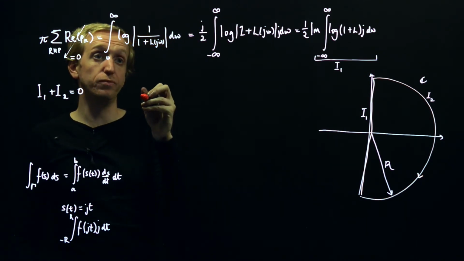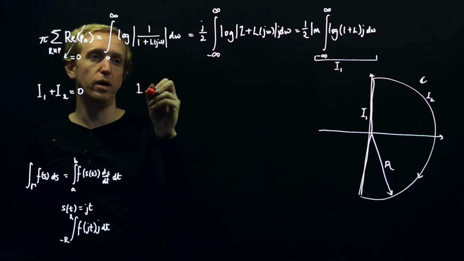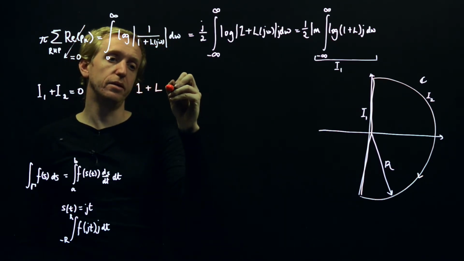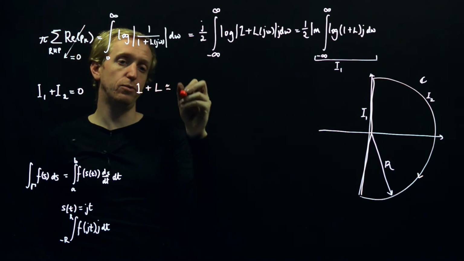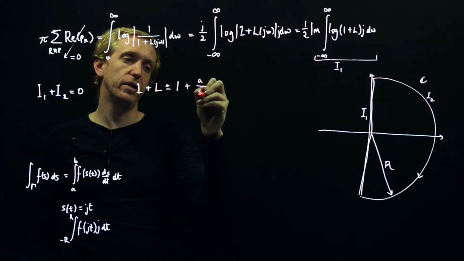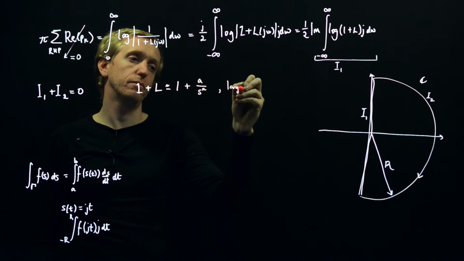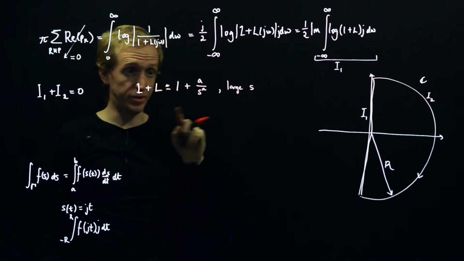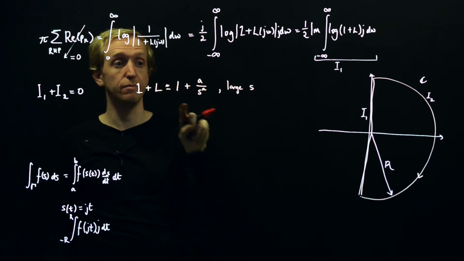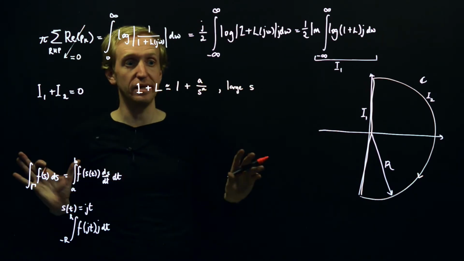And another useful way to write this for our purposes is that 1 plus L is going to be approximately equal to 1 plus A over S to the n for large S. So because the denominator has got higher order than the numerator, when we make S very, very large, those higher powers tend to dominate everything.